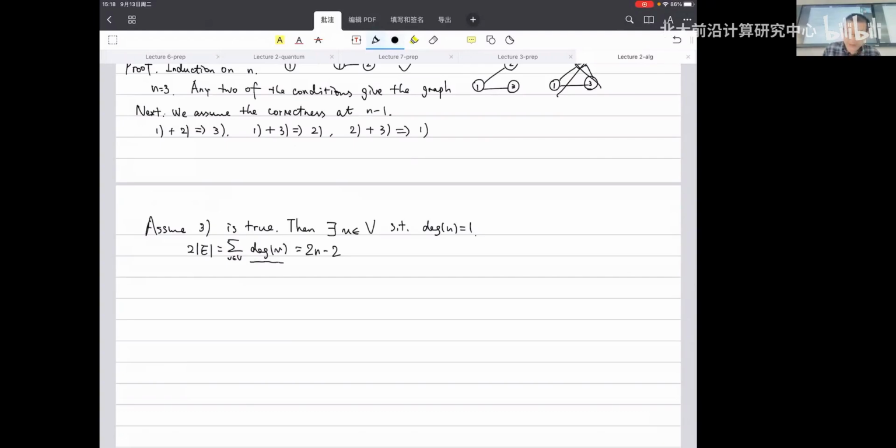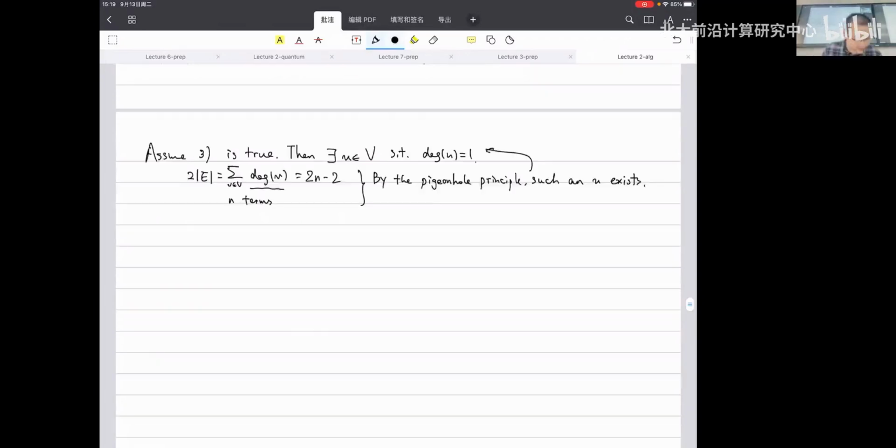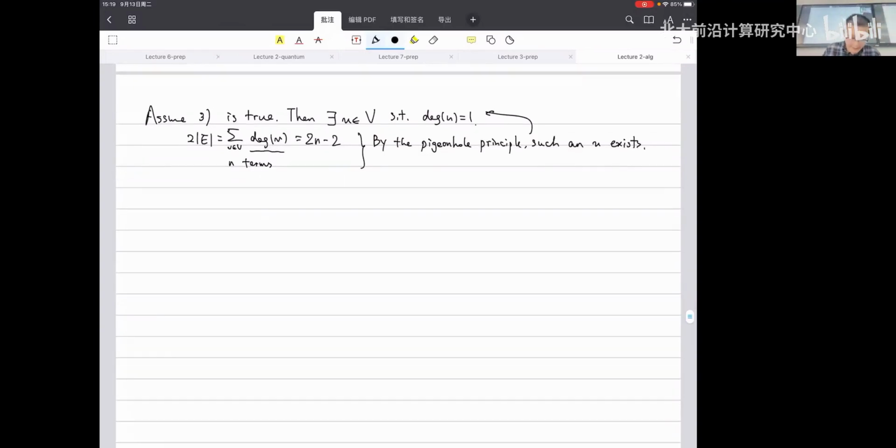All the terms in this summation are non-negative integers, and there are n terms, because the number of vertices is n. Such a u exists by the pigeonhole principle. Otherwise, if all the vertices have degree at least 2, then the summation would be at least 2n, so it cannot be 2n-2. I guess this is something relatively easier to observe.